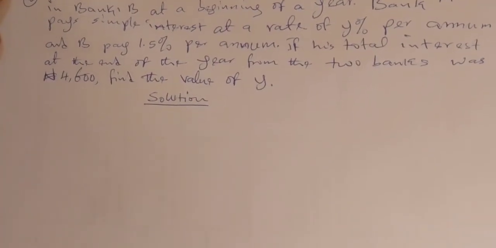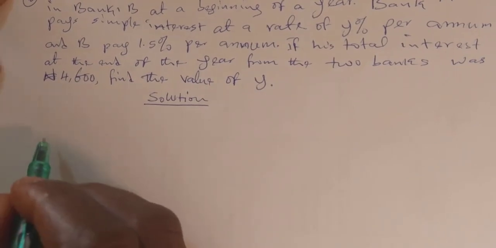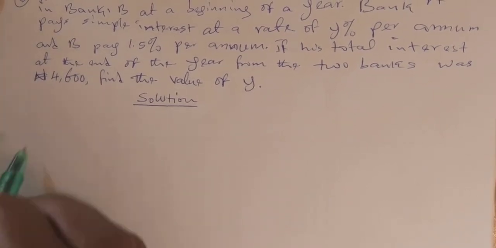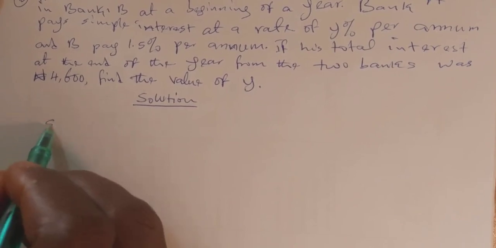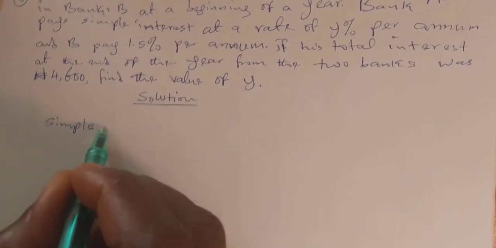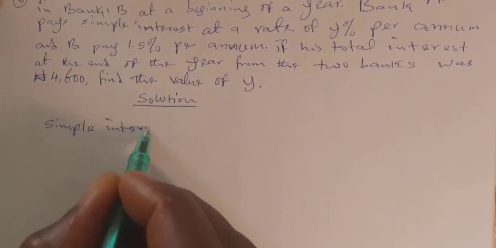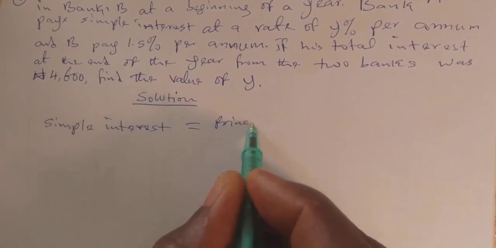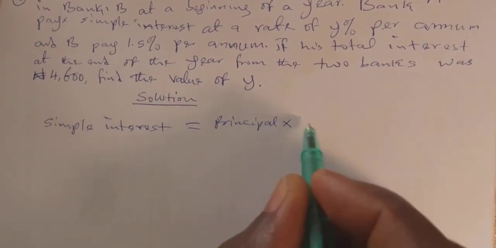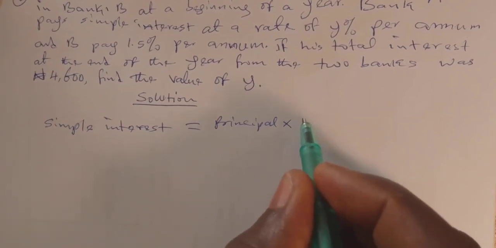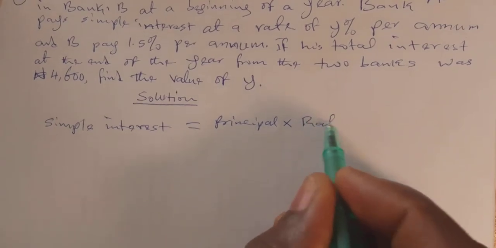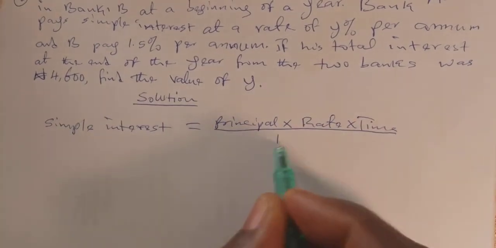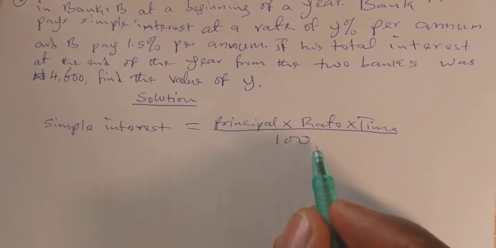Now let's dive into this. Let's solve this problem. First of all, you recall the formula for simple interest from JSS 3. Simple interest is equivalent to principal amount times rate times time, then you divide this by 100, which is the percent.